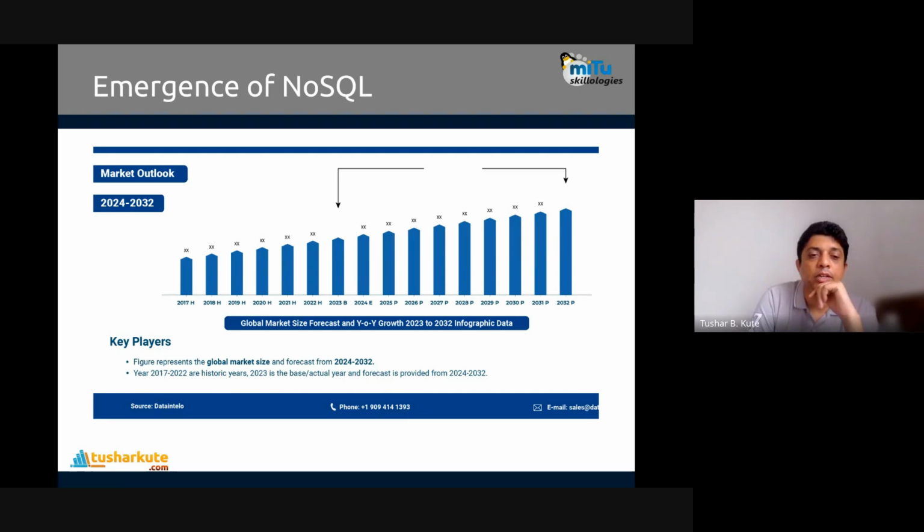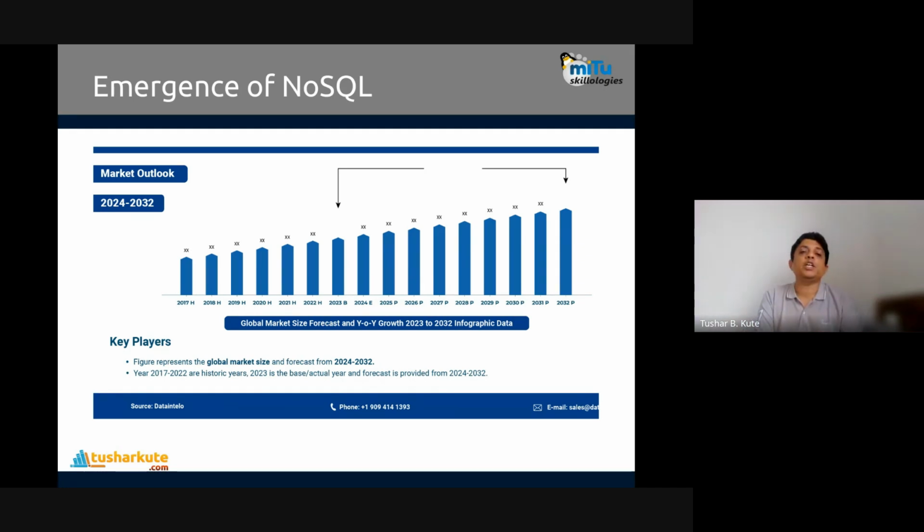This is taken from Data Intel Law. See, the market outlook from 2024 to 2032 is given here, with the global size forecast showing how growth of databases is happening.